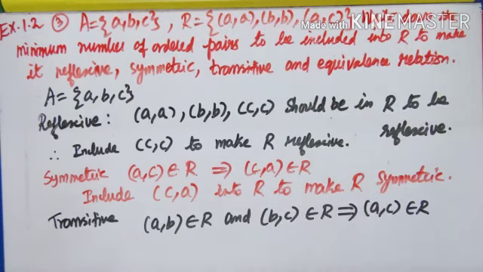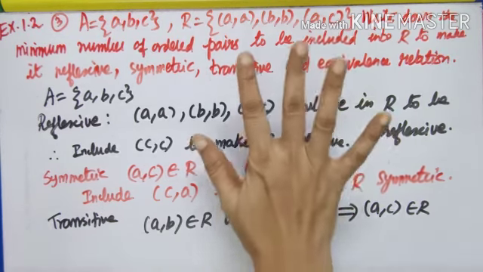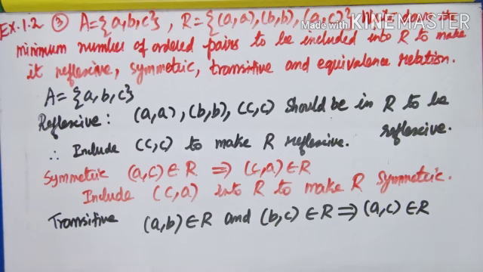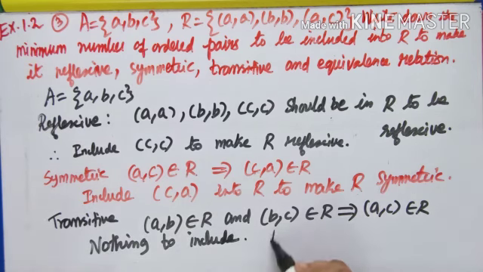So I am left with (b, b) and (a, c) itself being transitive. So I will say nothing to include. For transitive, I need not include anything. It is already transitive. R is transitive.